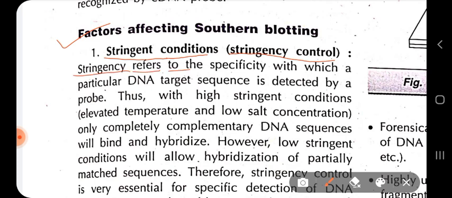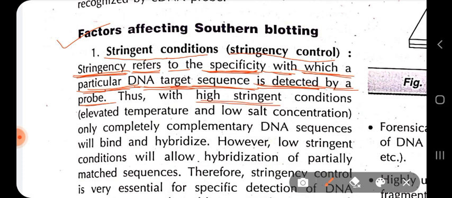Stringency refers to the specificity with which a particular DNA target sequence is detected by the probe. That means how much specificity a probe has, which will specifically bind to the DNA. That is referred to as stringency.